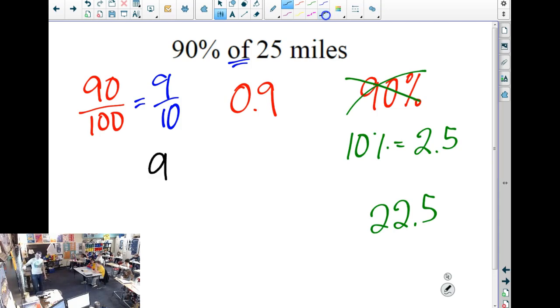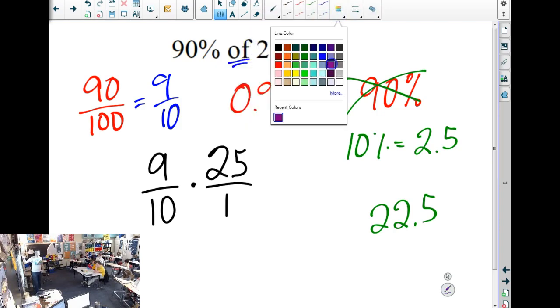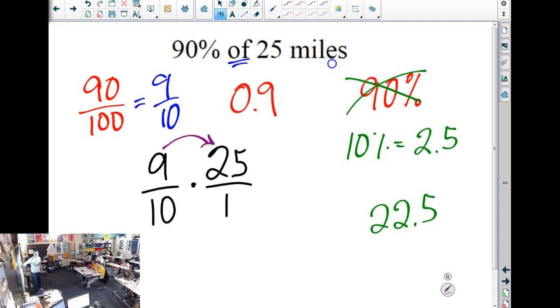Another way that we could do this is 9 tenths of 25 over 1, right? Because if I try to make 25 a fraction, it becomes 25 over 1. This still leaves me multiplying 9 and 25, which I'd probably have to break up. I would do the 9 times the 20, and then the 9 times the 5, and then we'll still have to divide by 10.